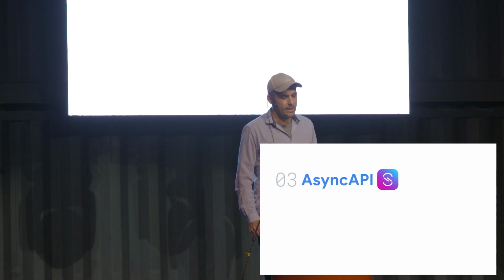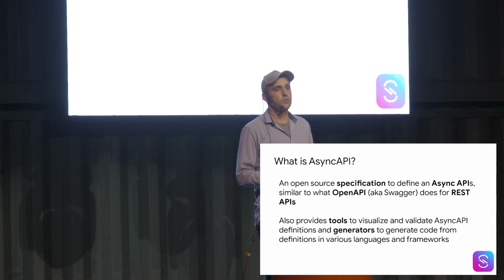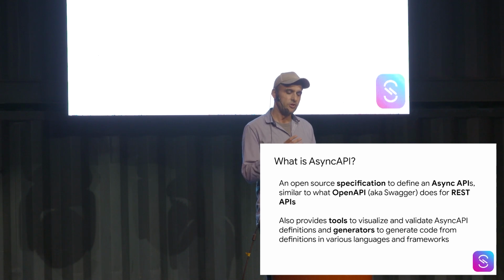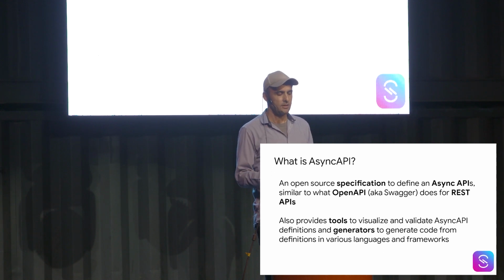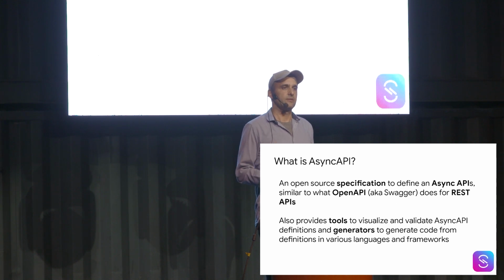AsyncAPI is another open source specification to define asynchronous APIs. Just like we had OpenAPI for REST APIs for a while, now finally we have AsyncAPI to define event-driven APIs.